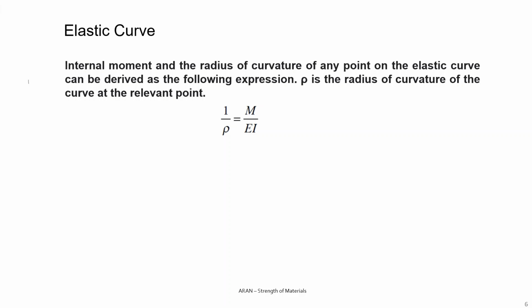In order to find the mathematical expression of the elastic curve, we can derive the following expression. This expression gives me the relation between the internal moment and the radius of the curvature, and also the material's elastic modulus and the section's moment of inertia are also given.